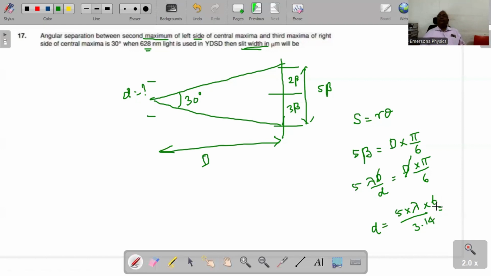Here they have given lambda, so d will be equal to 5 into lambda, which is 628 nano, to the power of minus 9, into 6 divided by 3.14. We know 3.14 goes into 6.28 two times.